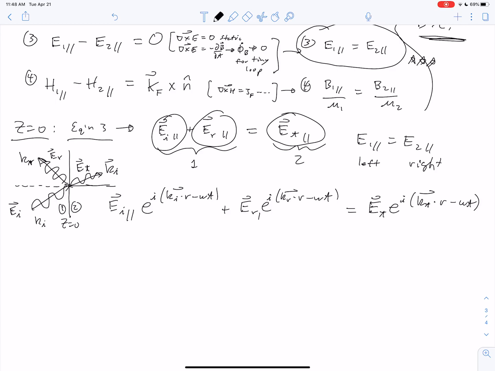These are the parallel components. Okay, so this is what we get from equation 3, and this is really important.